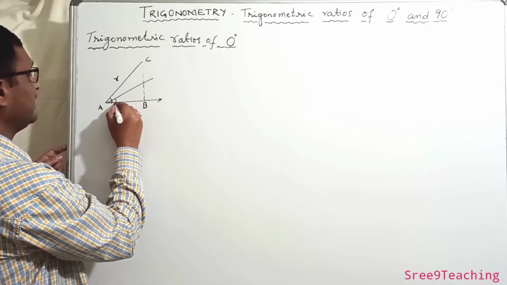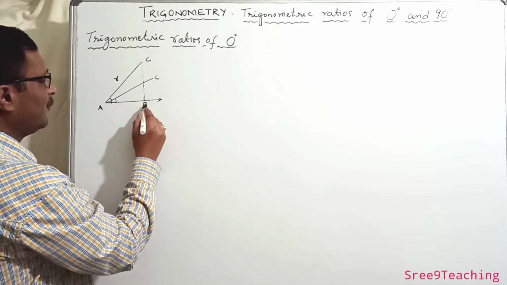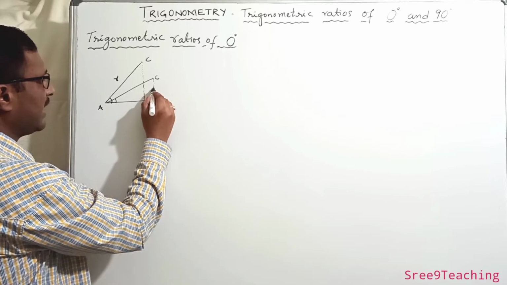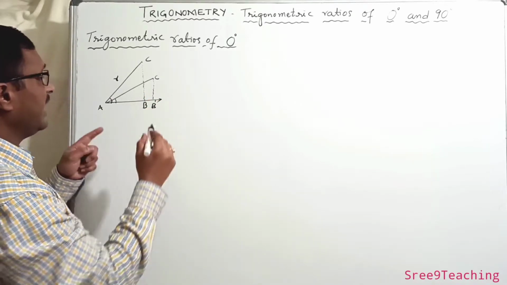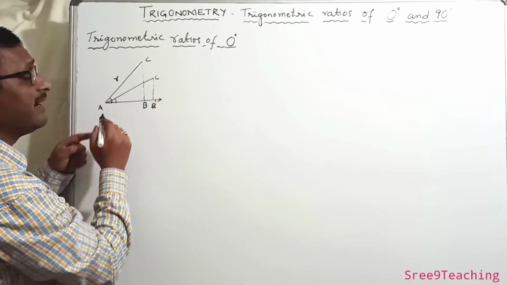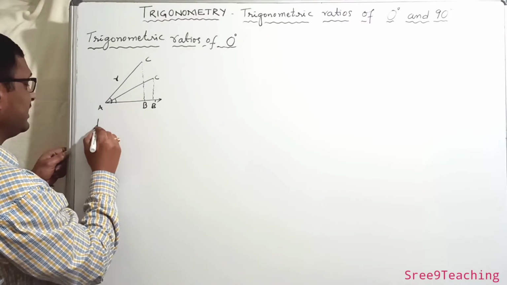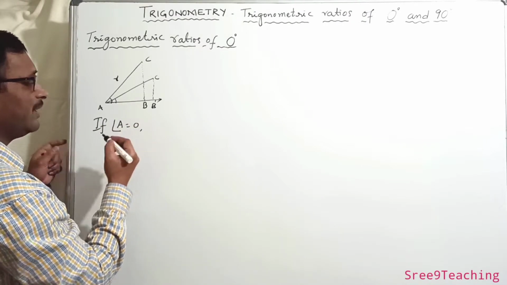Here the angle is decreased, C came here, and the foot of the perpendicular moves towards B dash. If it goes on, the angle decreases until 0. If the angle is 0, then what happens?